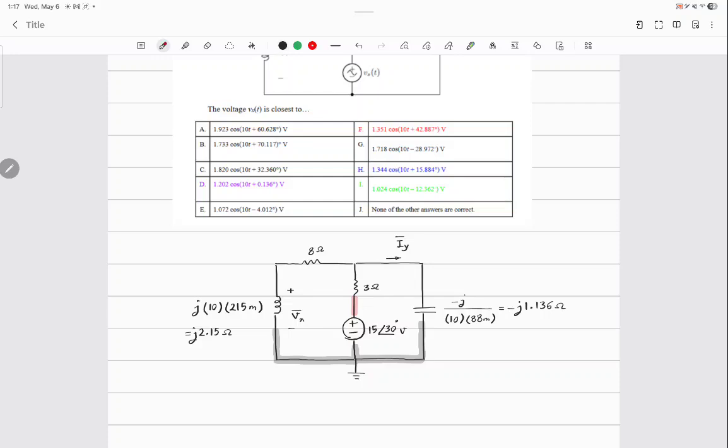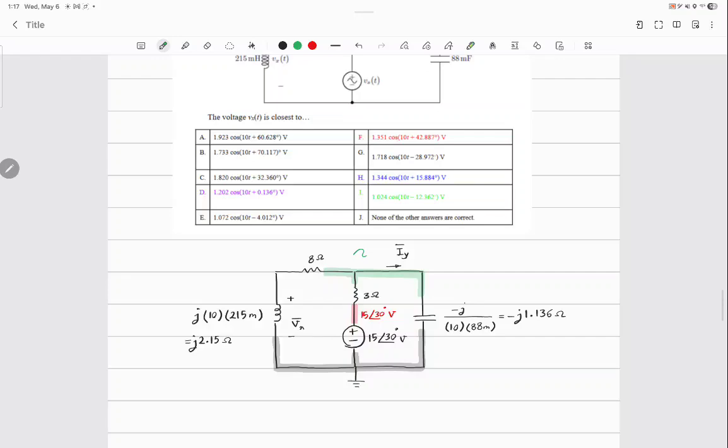It's 15 angle 30 degrees volts. This guy is unknown. What should I call it? V1, right? We don't have V1, so let's call it just V1. Do we have another node or no? Yes, we have another node. So if I go for that, I will get two equations, two unknowns, and I don't like it.